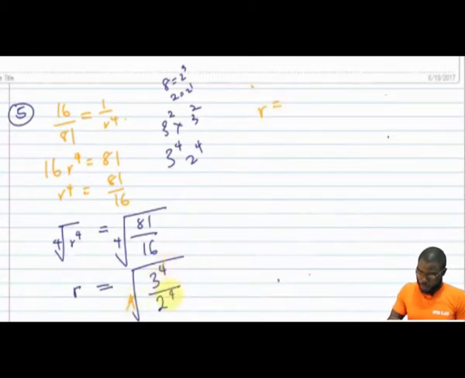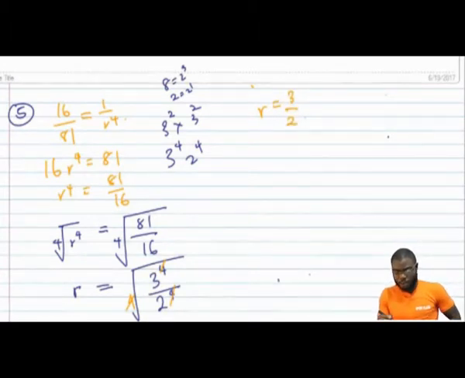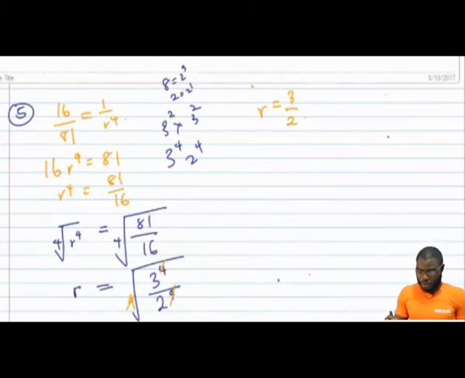Because this 4 will cancel this, then you have your R to be equal to 3 over 2. So the common ratio is 3 over 2.